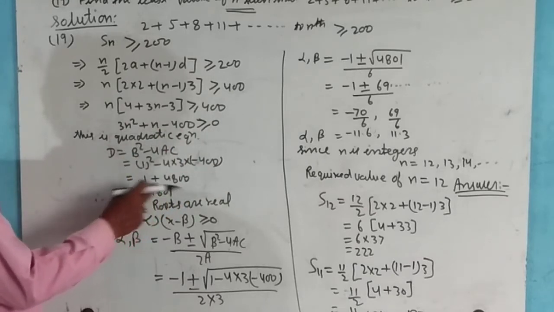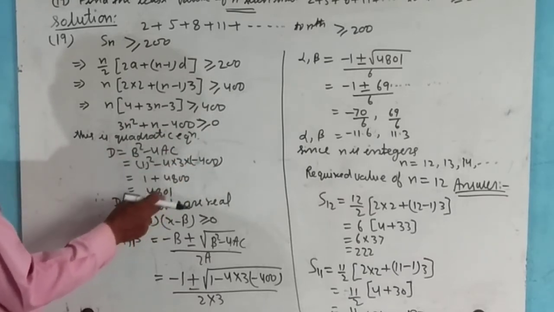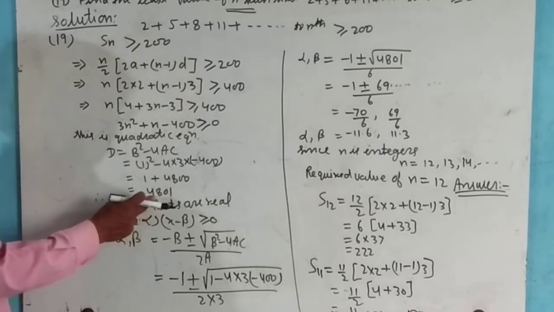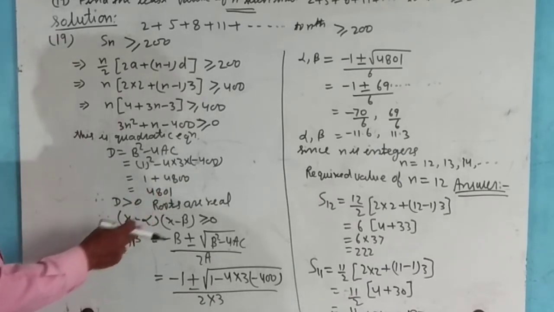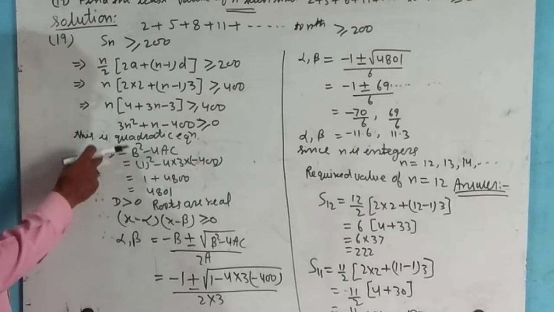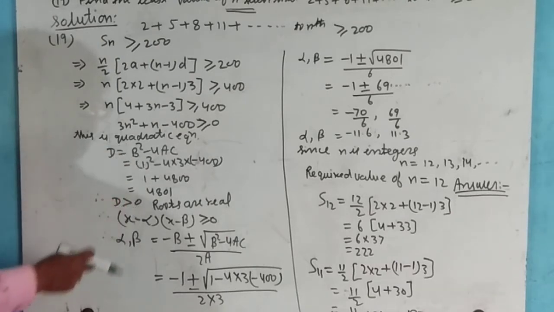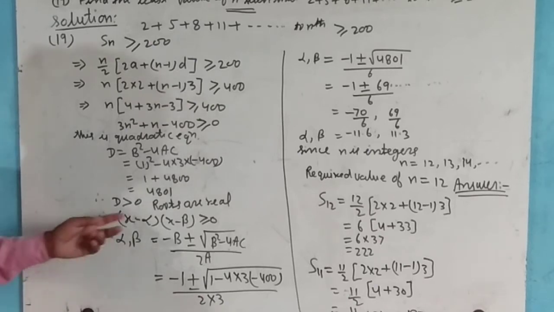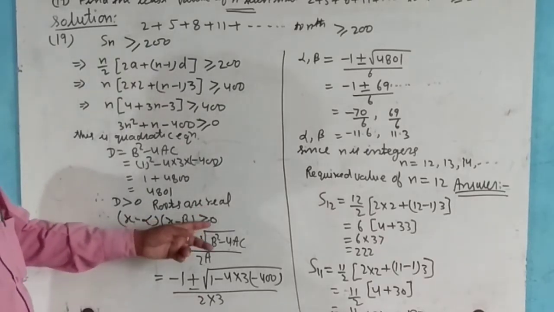Calculate this, this is a plus, so 4,801. It means that the value of D is greater than 0, so the roots are real, and in that case (x minus alpha)(x minus beta) is greater than 0.